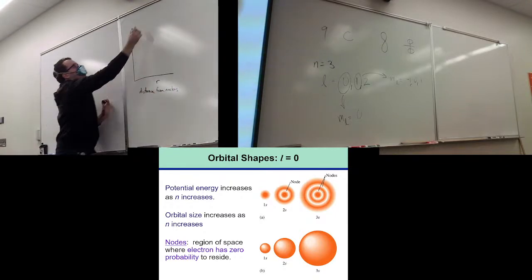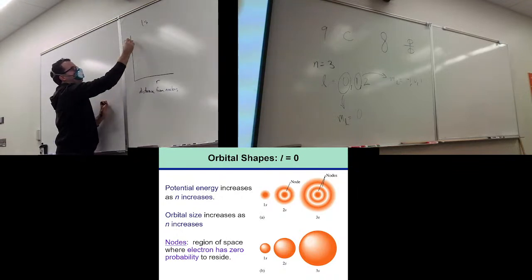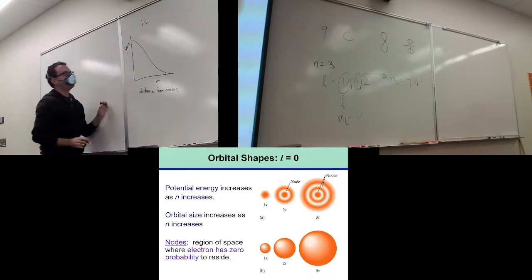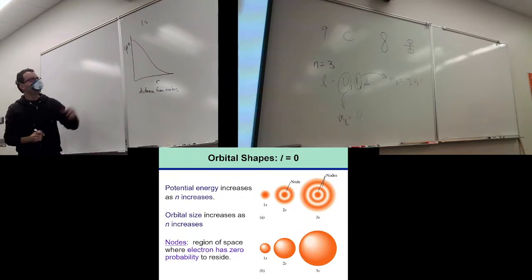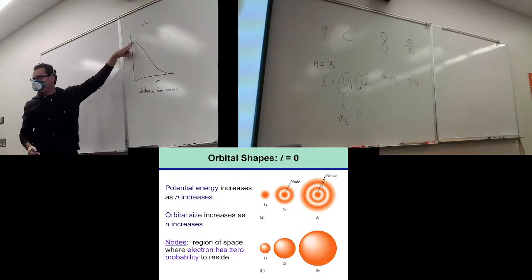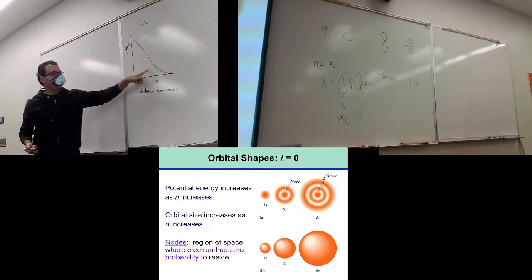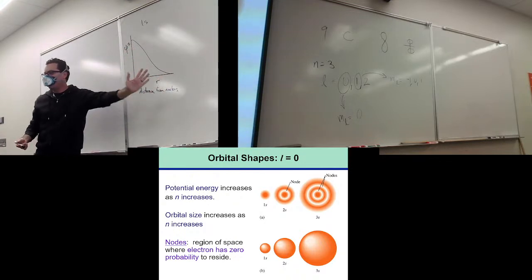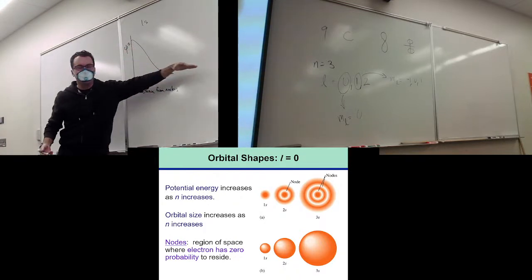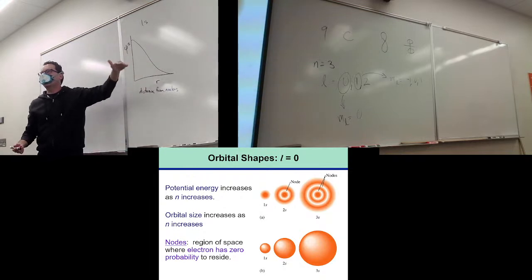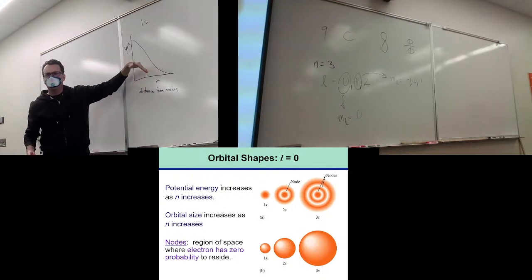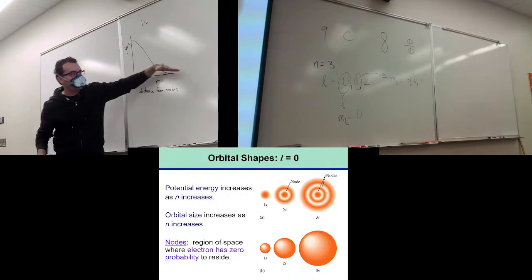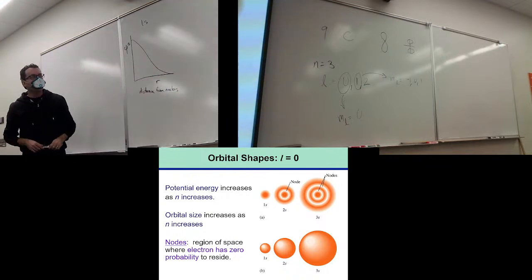For a 1s orbital, it does this, and that's it. So you have a really large chance of finding it close to the nucleus or at the nucleus, and the further away you get, the probability decreases. It fades away toward infinity, kind of like that.